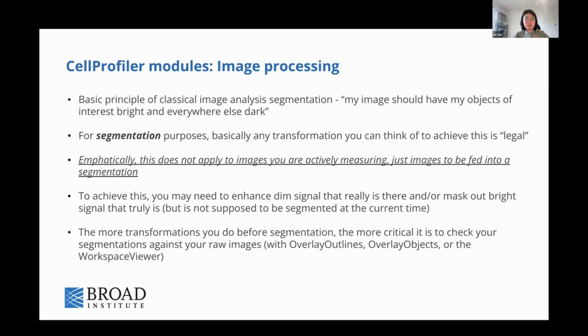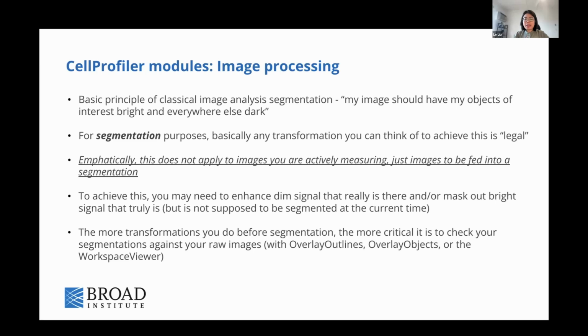So for better segmentation, we can do some transformations that make the truly dim signal brighter, and mask out the bright signal that is not supposed to be segmented at the current time.